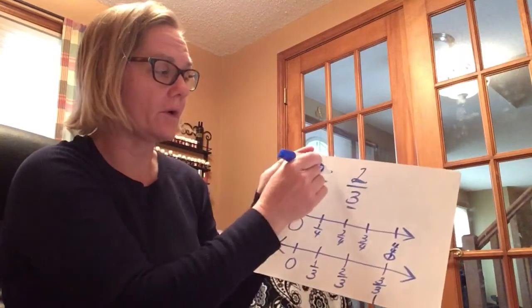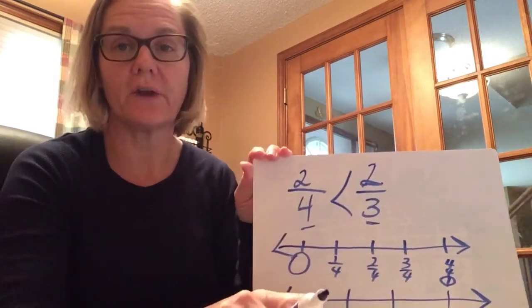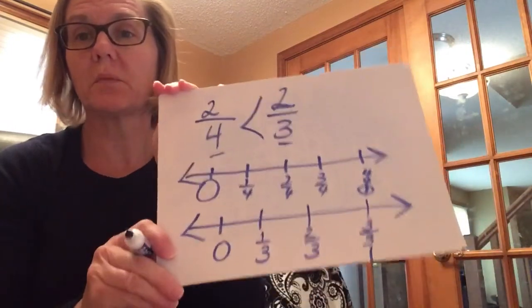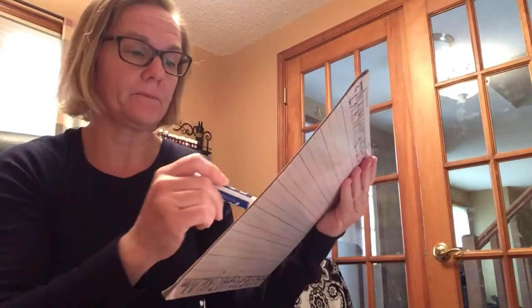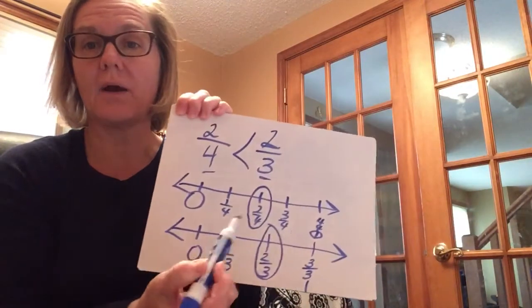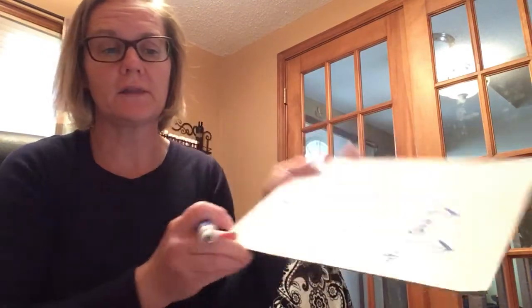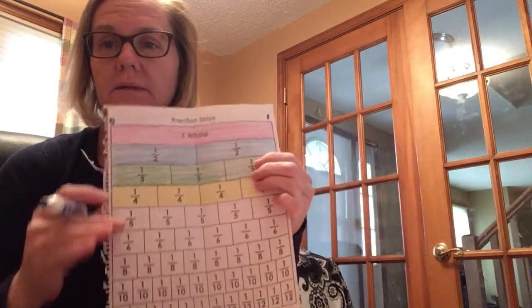So 2/4 is less than 2/3. And I'll show you on our fraction strip. If the number lines aren't helping you figure that out, then you go back to your fraction strips.